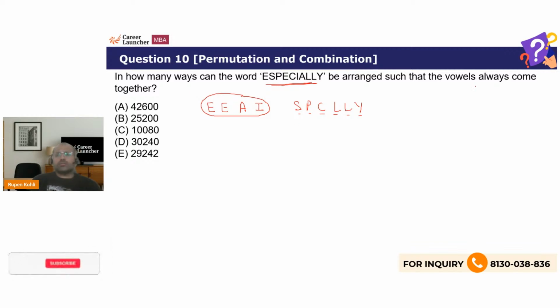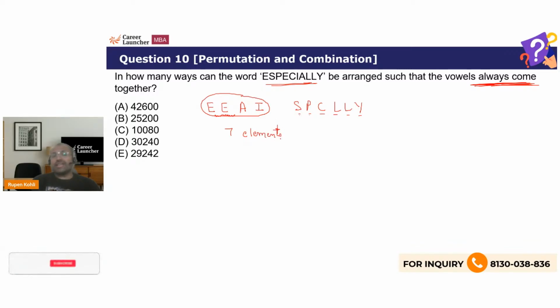So this is the question of grouping method, right? You have to group all the vowels together. So think of this group of 4 vowels as a single element. So these 6 consonants and this 7th group is a total of 7 elements or 7 objects to be arranged, right?